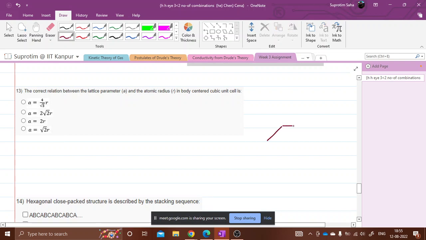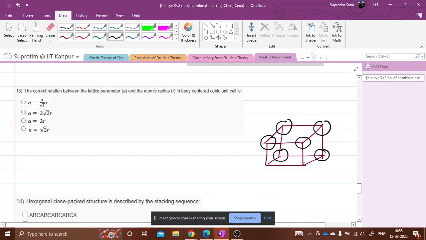There will be atoms at the corners, and the body diagonal is touching.